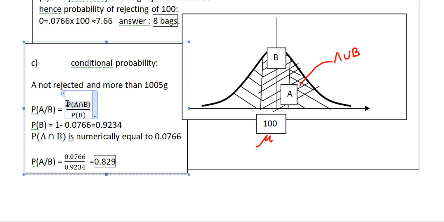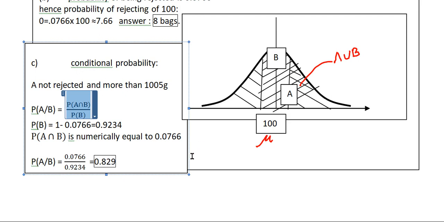And in the formula we also have the intersection of the probability of not being rejected and being more than 1005. Because the graph is symmetrical, the right part is equal to the left part.